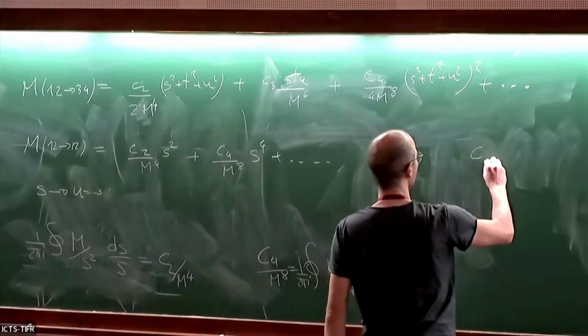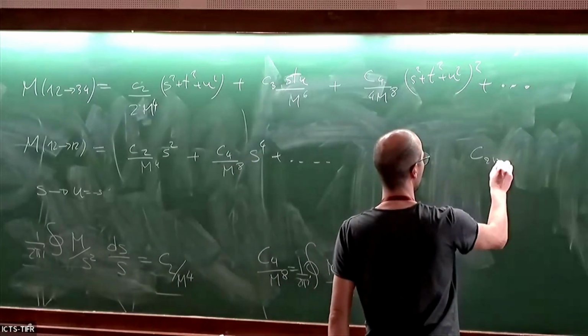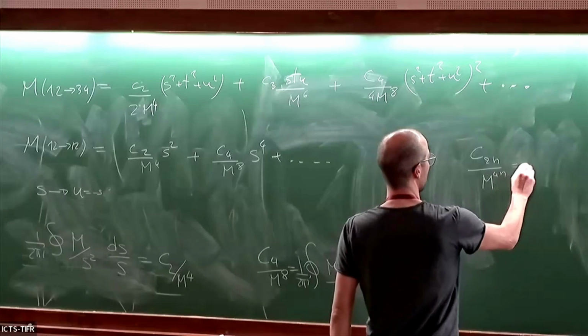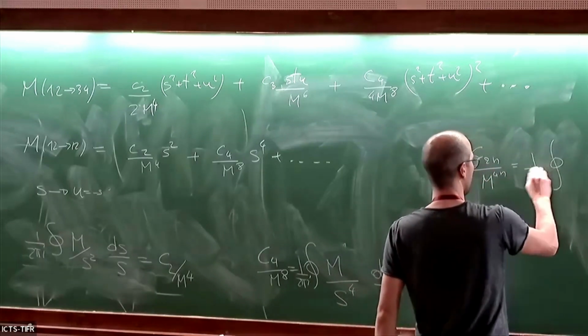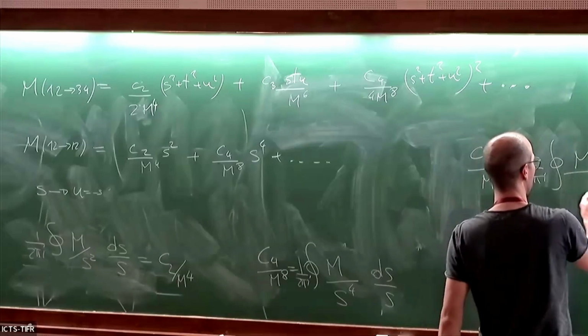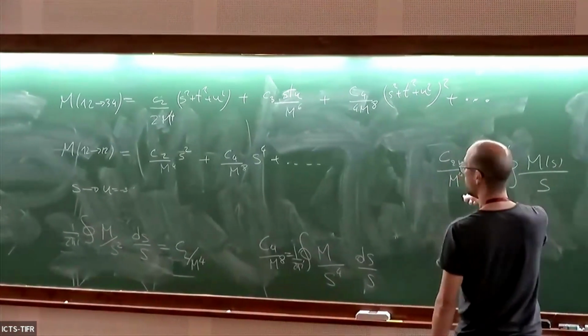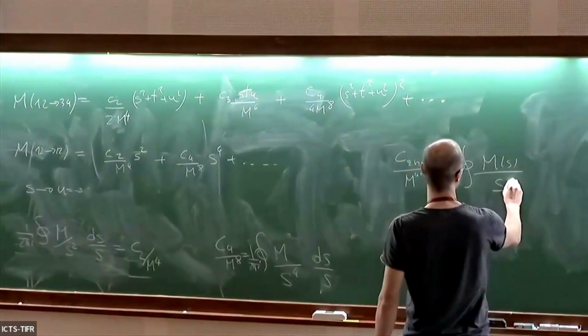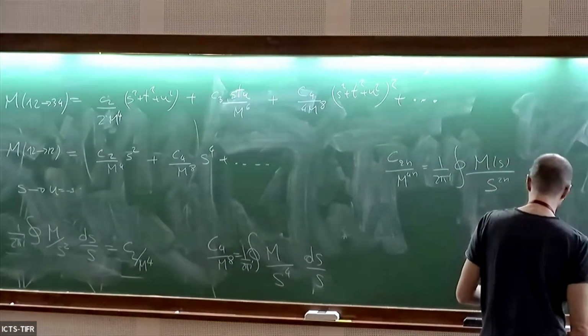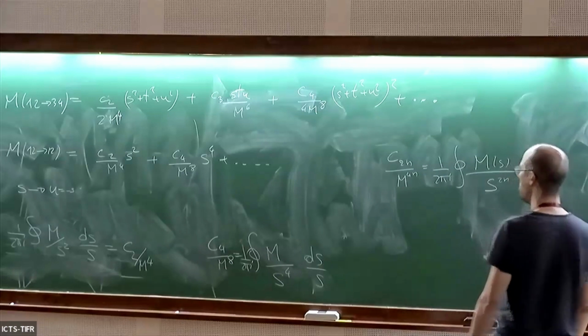So C2n over m to the 4n is going to be the integral over 2 pi i of M(s) over s to the n, ds over s. Okay?